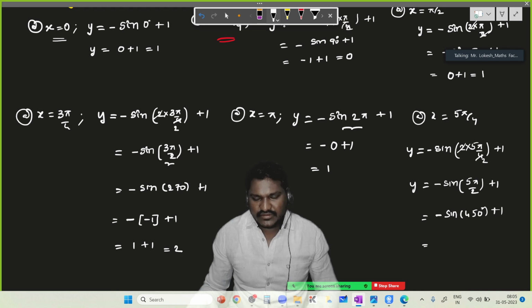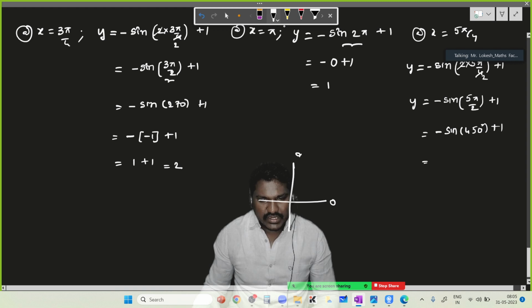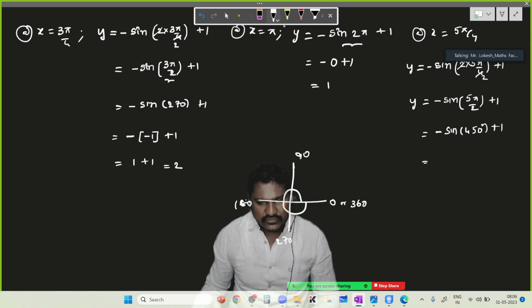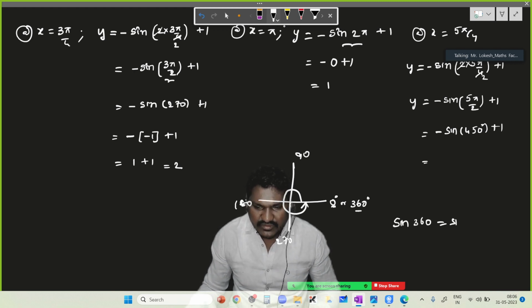And 450 is the same as 360 plus 90. I'll tell you one thing. In trigonometry, when you're talking about angles, here the value is 0, here 90, here 180, here 270, and again here 360. That means if we start from here, one complete rotation will be 360. If you observe the initial point and ending point, they are one and the same. So 0 degrees is the same as 360 degrees, and sine 360 is the same as sine 0.